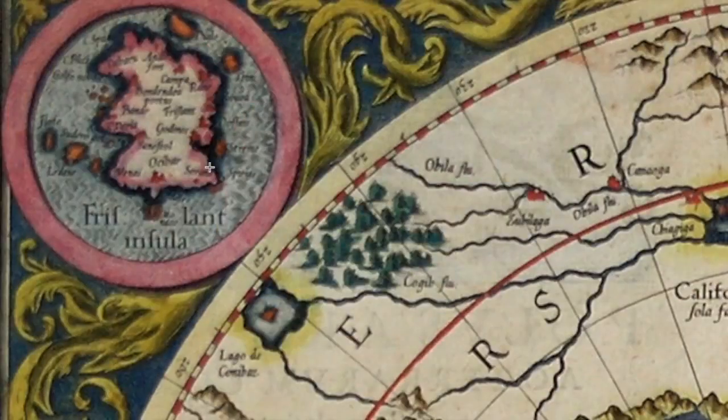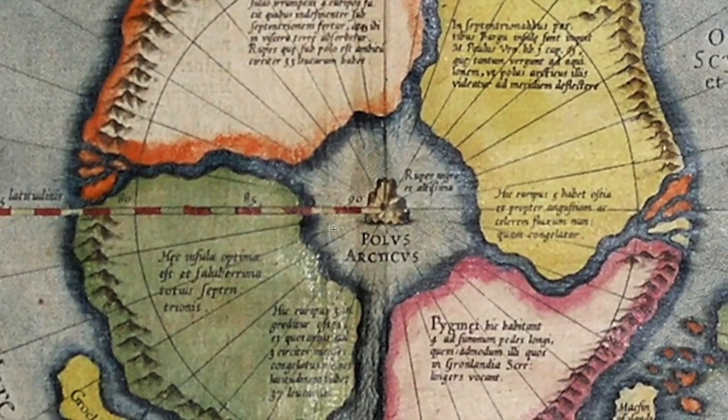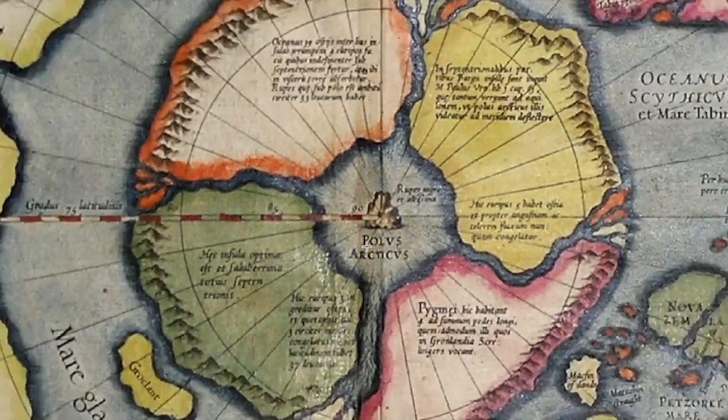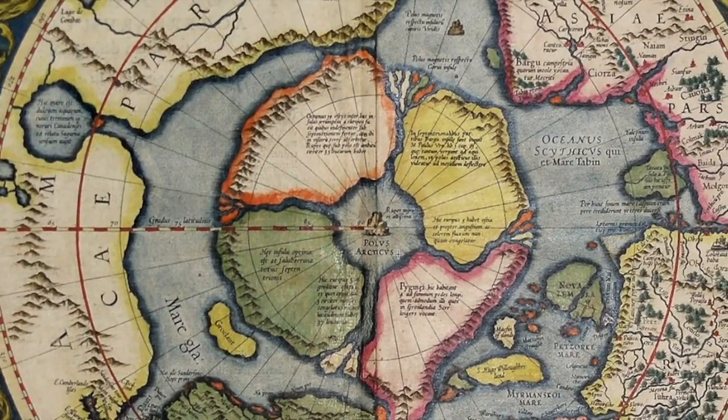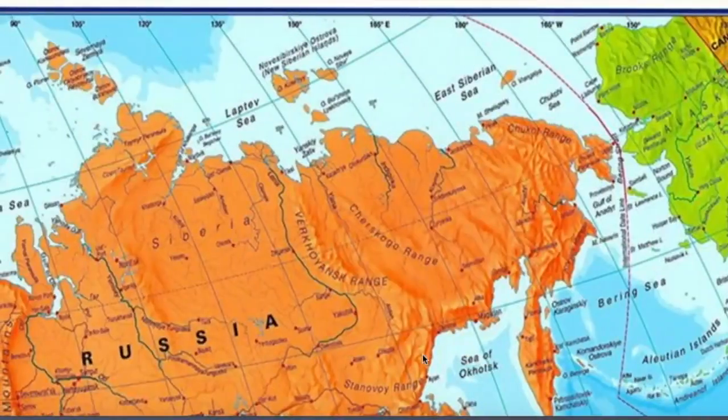And so next, I want to focus on this very most obvious part of this map of 1595, which is this. I mean, this is absolutely amazing. This North Polar region. And again, Mercator gave us this map.